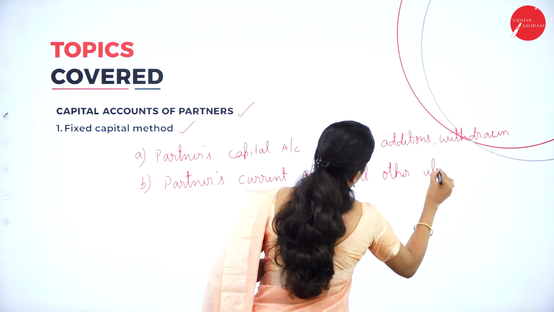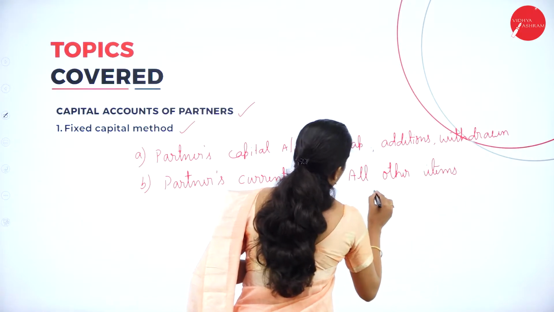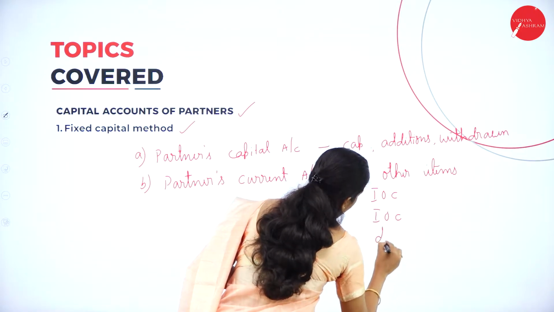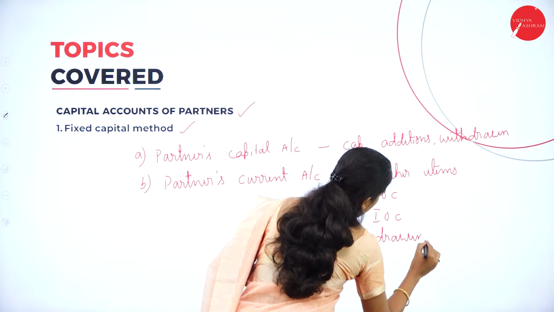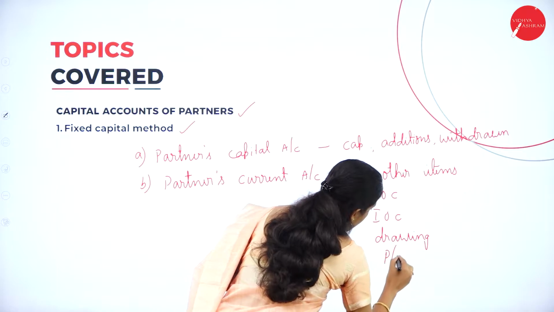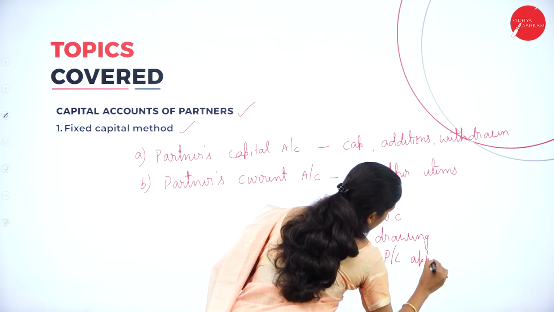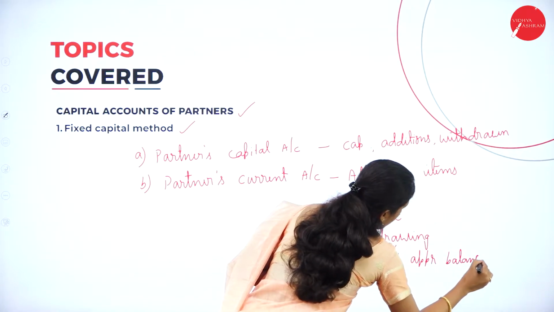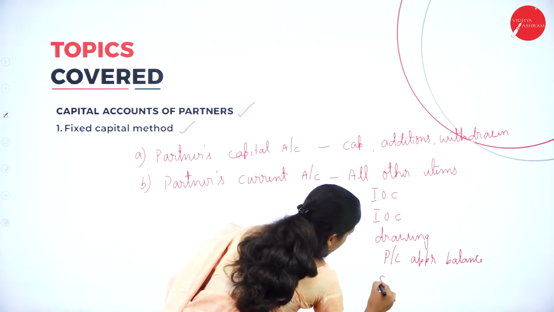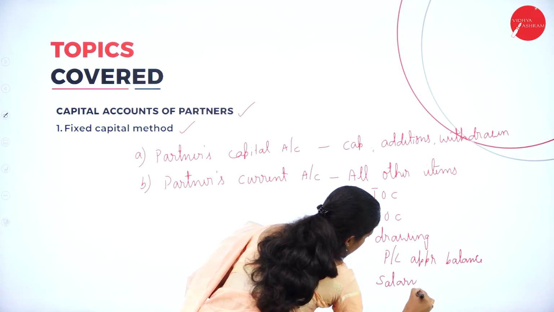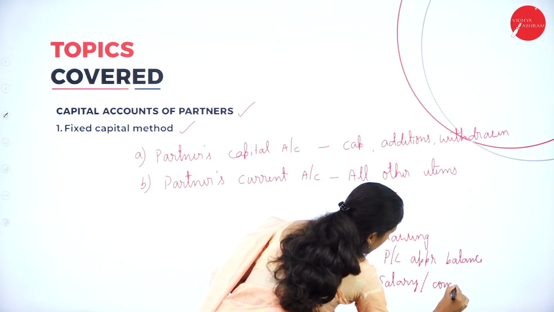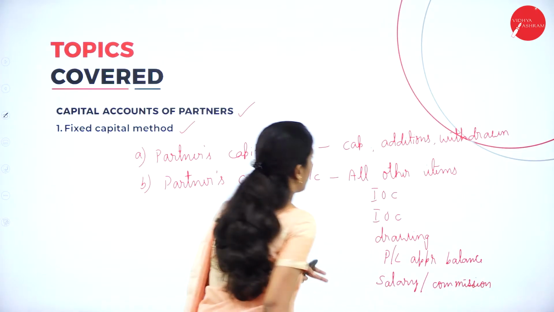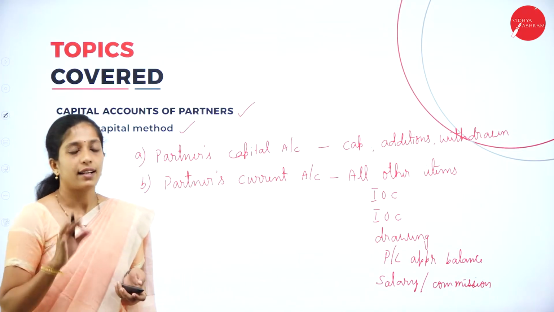It may be interest on capital, interest on drawings, profit and loss appropriation account or appropriation balance, then salary or commission. All these items will be recorded under partners current account.